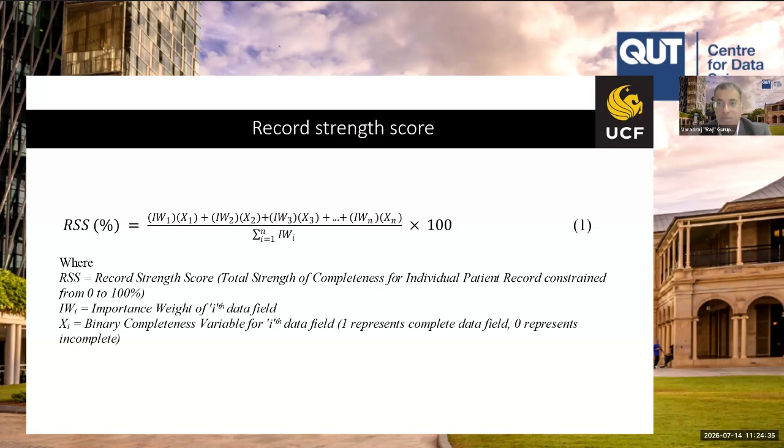So IW is the weightage, and X1 through XN is the presence or non-existence of that particular component. The summation of the X times IW, divided by the summation of all the weights, times 100, gives you the RSS, the record strength score. Very simple math.